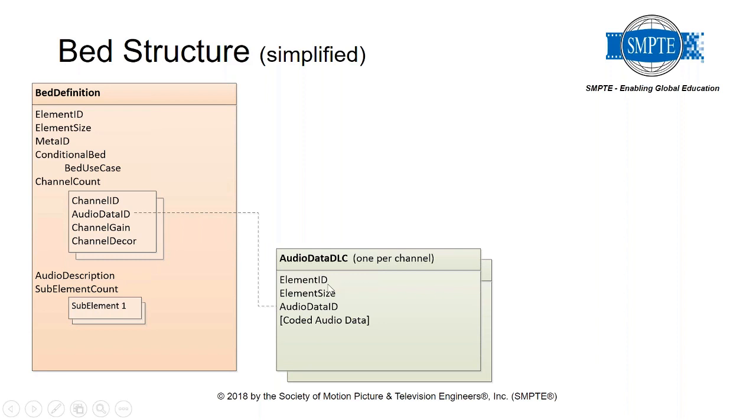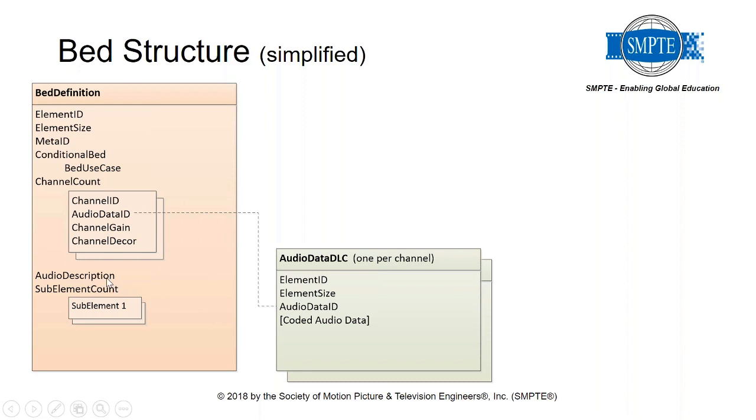And basically it's very simple, just the ID, the element size, and then the audio data ID, which is used to link this bit of essence to this channel in this case, followed by coded audio data. I should point out that for cinema applications, the lossless codec is the only audio essence that's supported.